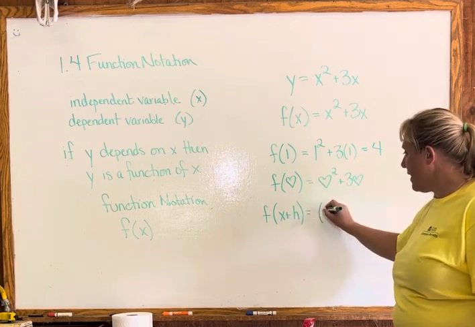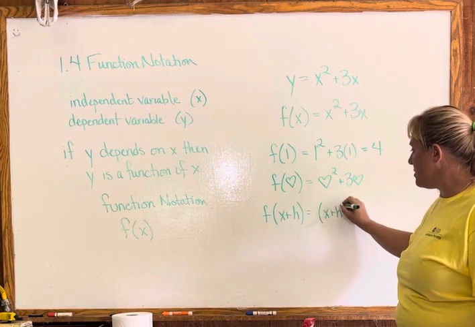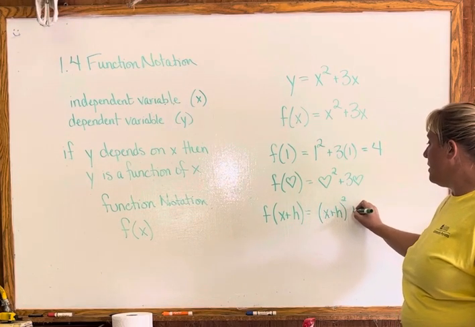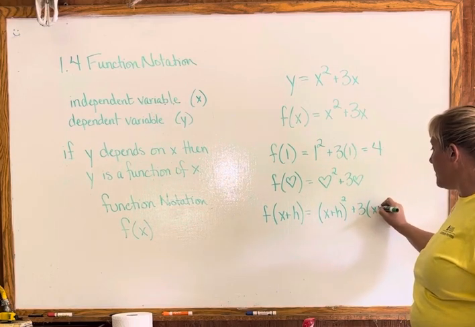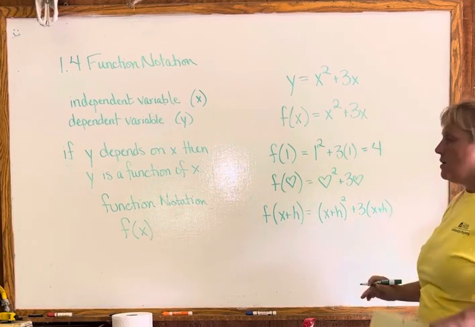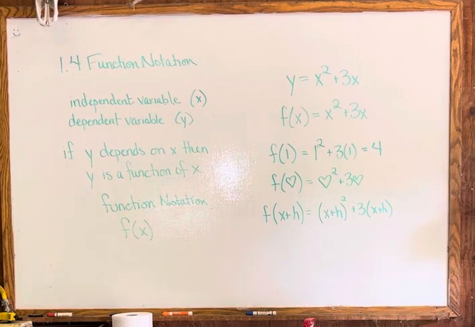So this one would look like x plus h squared plus 3 times another x plus h. So anywhere where there's an x, instead of it just being an x, we're putting x plus h. So again, that substitution tells us what to plug into the equation.